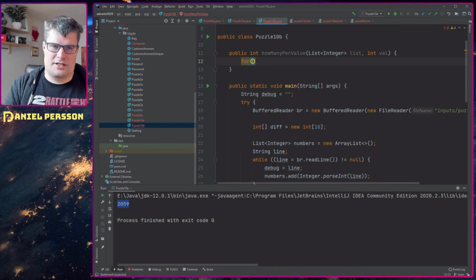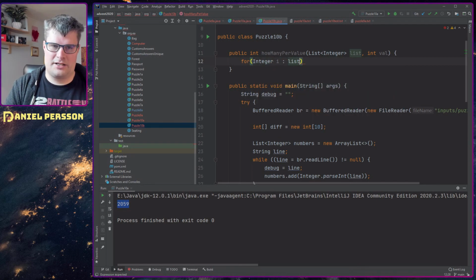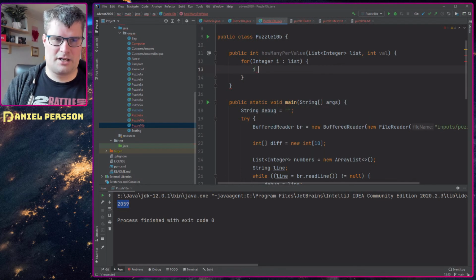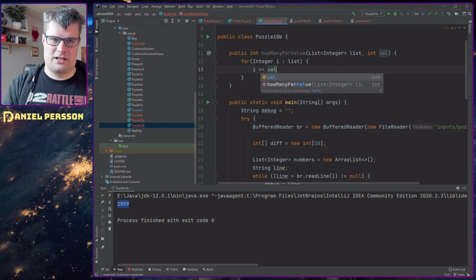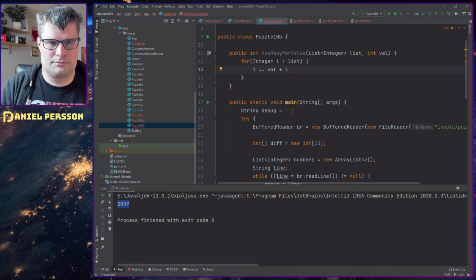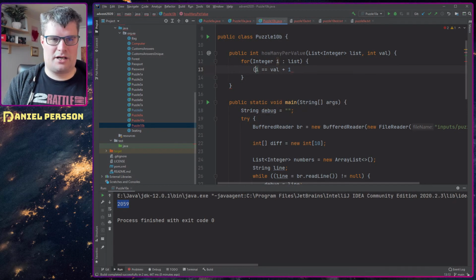So for this list, integer i in list, if this integer is equal to val plus 1, then so this is 1 value.